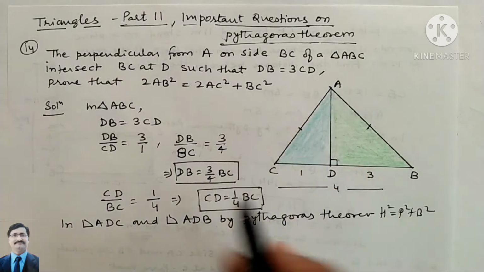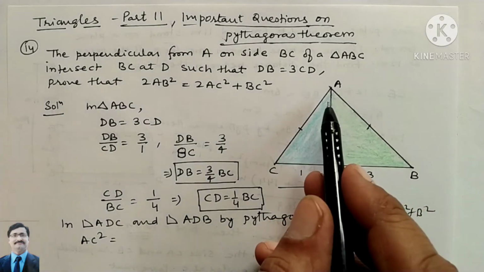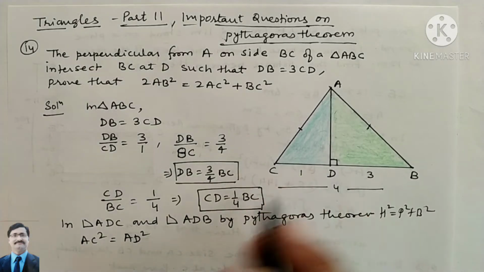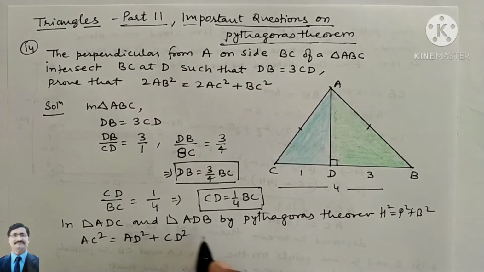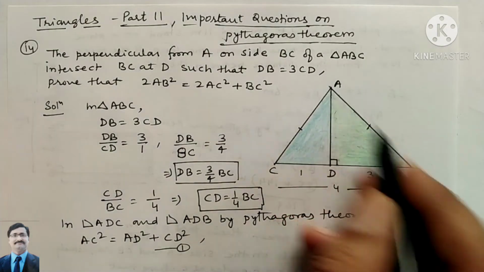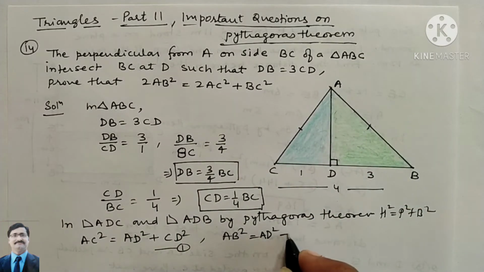Here hypotenuse is AC, so we can write AC square equal to AD square plus CD square. This is first equation. Same as it is in this triangle, we can write AB square equal to AD square plus DB square.